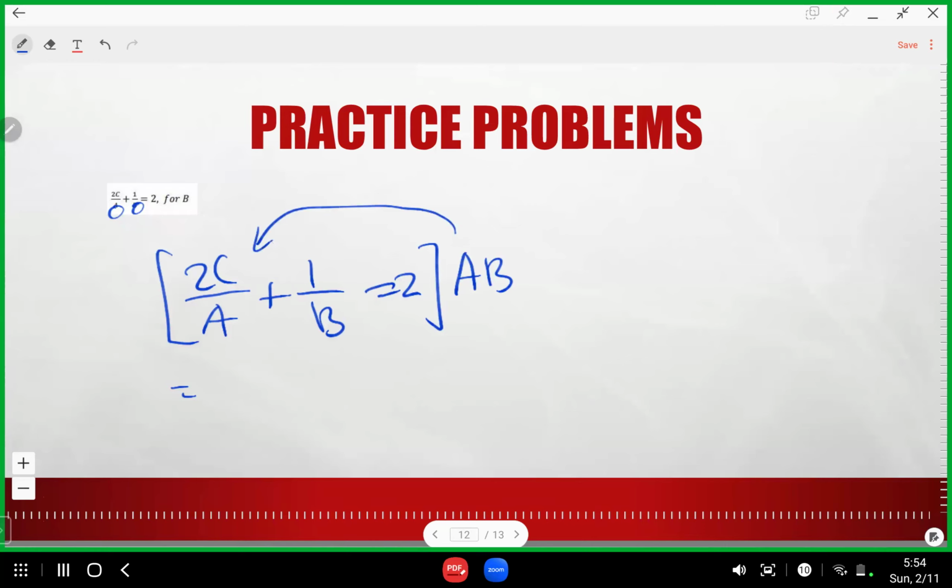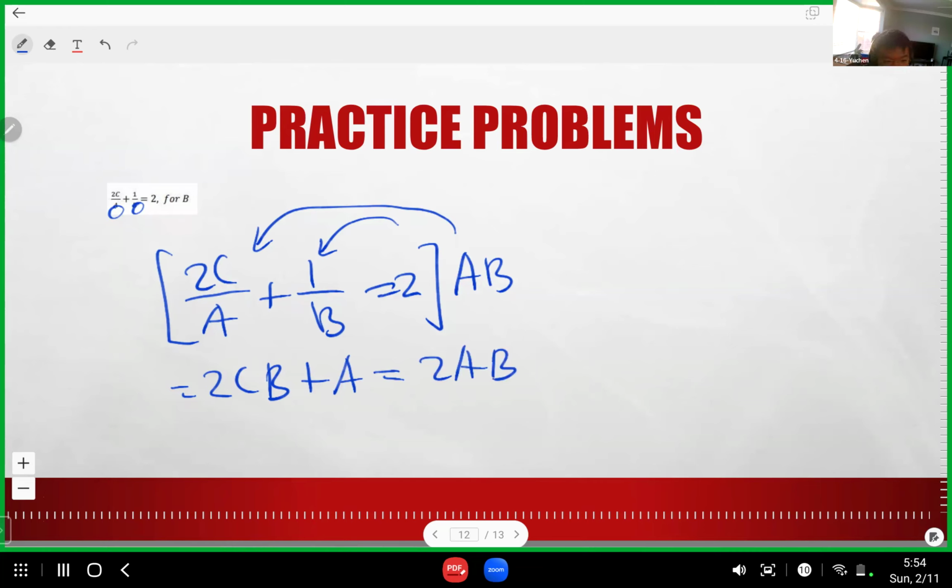What would this term be after being multiplied by ab? 2c times b. Very good. So as you can see, 2c times b plus 1 times a is equal to 2ab, right? Now you have b. This one is considerably harder than the last one, actually.